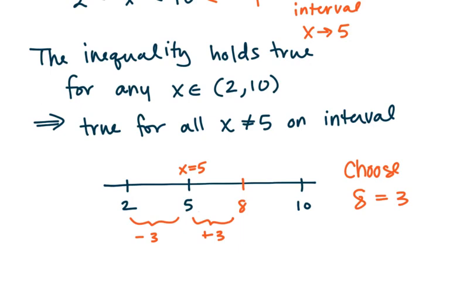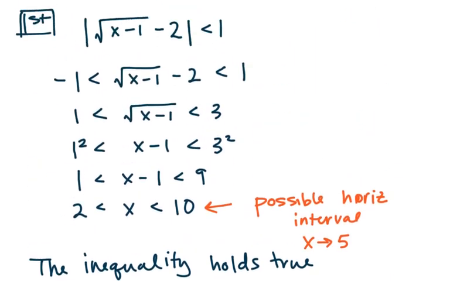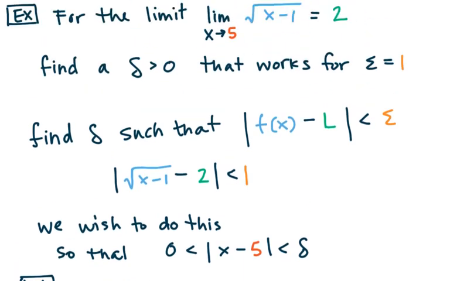So basically, if I choose some number, say x equals 3 or x equals 7, those are on my interval, then I know I will be within epsilon. Remember, epsilon was equal to 1. I know I will be within 1 unit of 2.